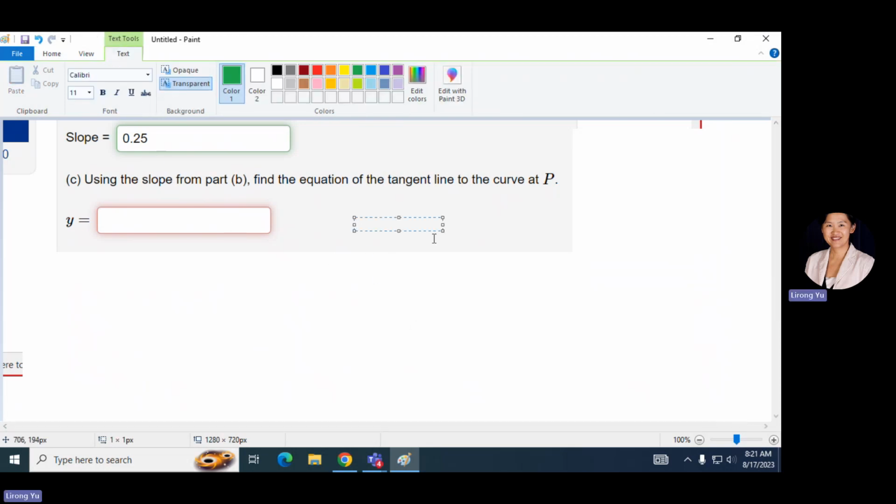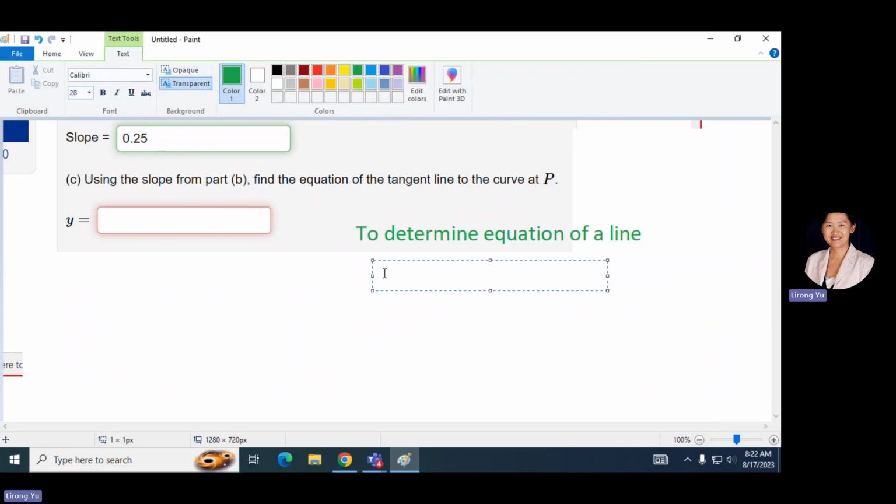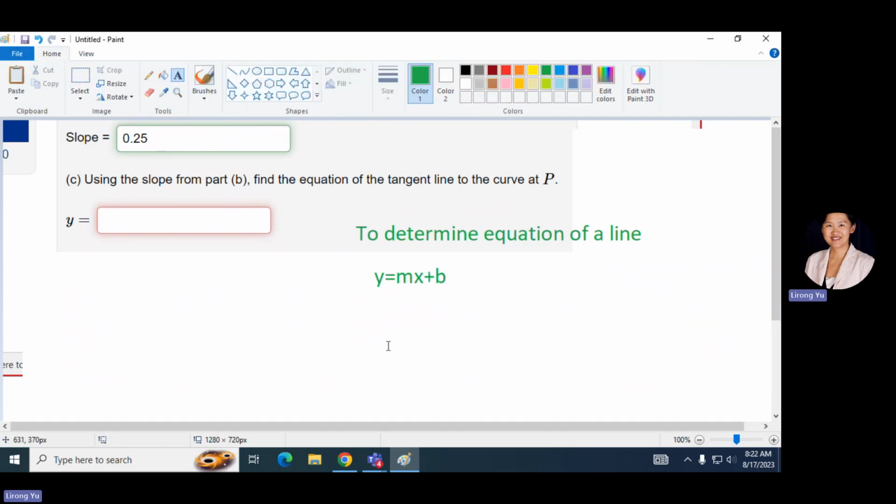So then it's slope. To determine the equation of a line, any line. Any line is also a line. So setting up a linear model is something we often have to do. So in order to determine the equation of a line, there are a couple of ways to do it. y equals mx plus b is the formula for the equation of a line.